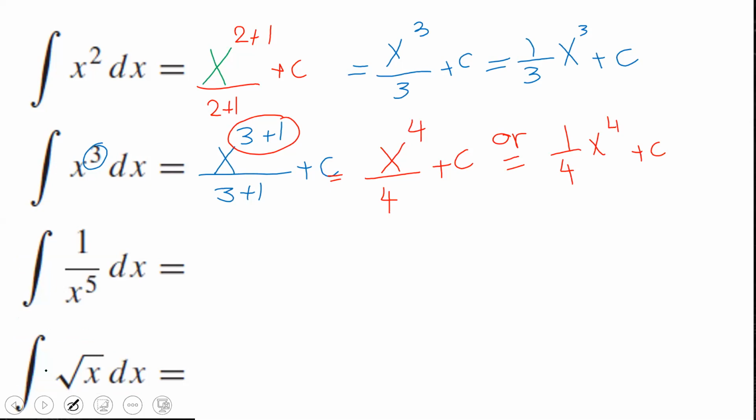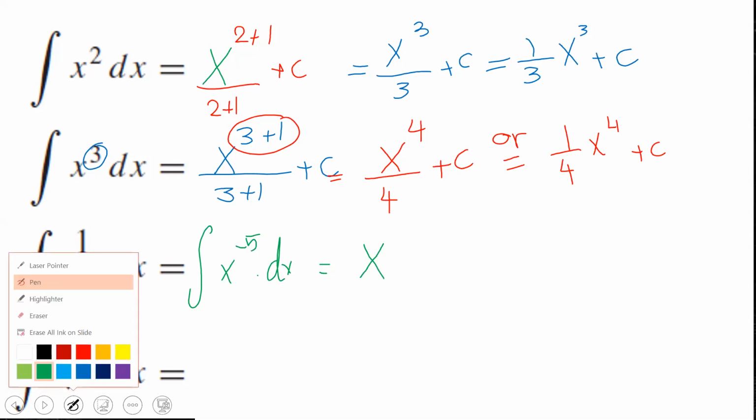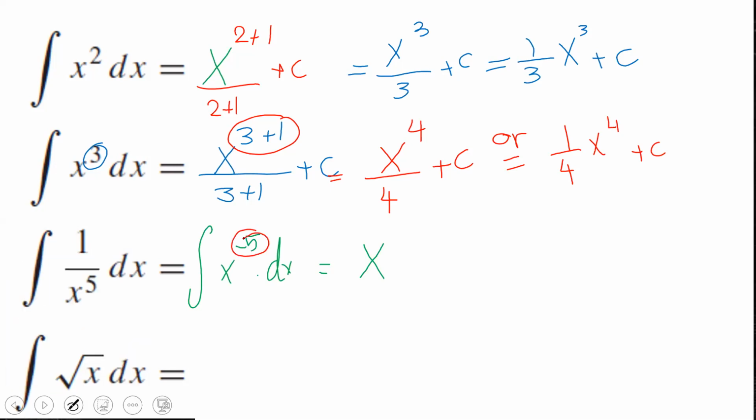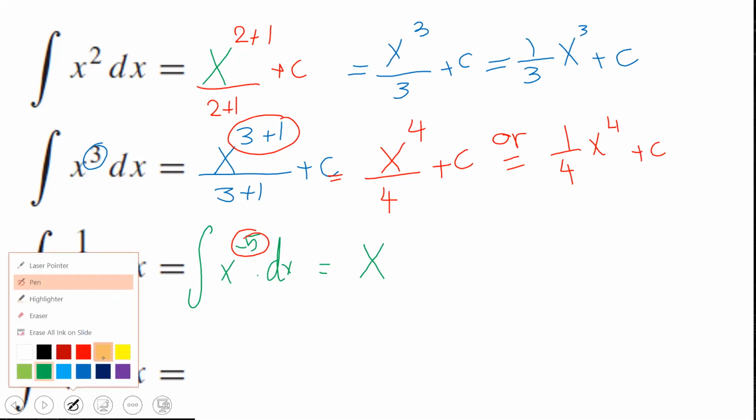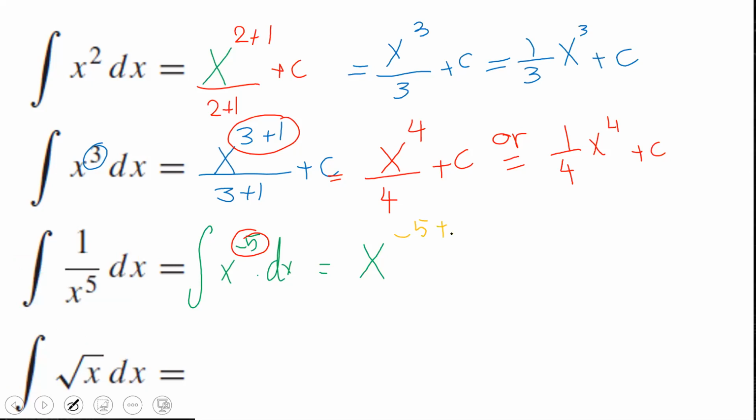1 over x to the power 5. I write it as the integration of x to the power negative 5 dx. So I will put x, now where is the exponent here? Negative 5. Negative 5 plus 1 over negative 5 plus 1. So it is x to the power negative 4 over negative 4.